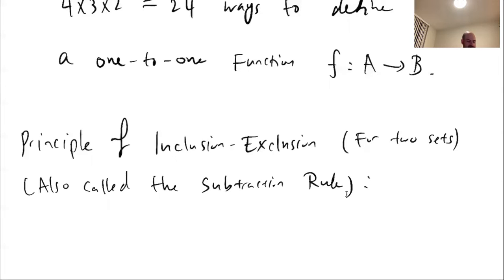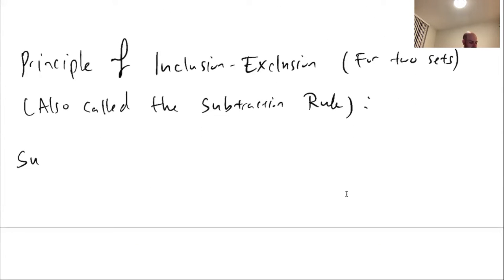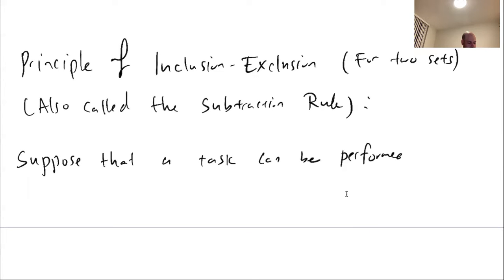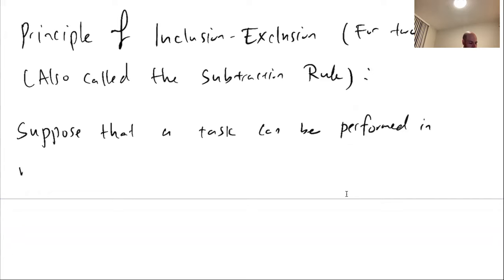So let's see what this rule says. Suppose that a task can be performed either in n1 ways or in n2 ways.